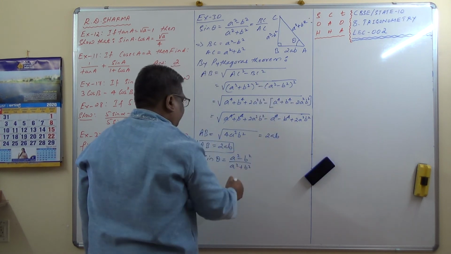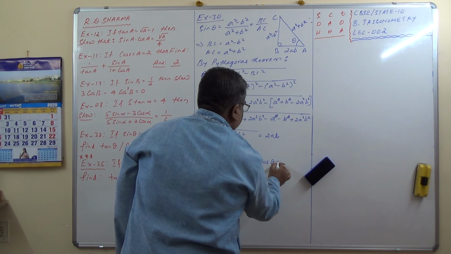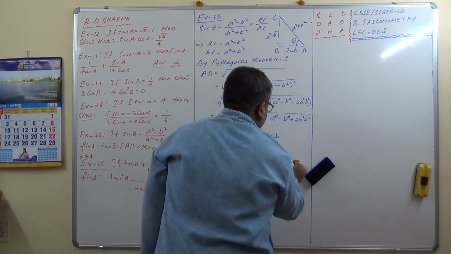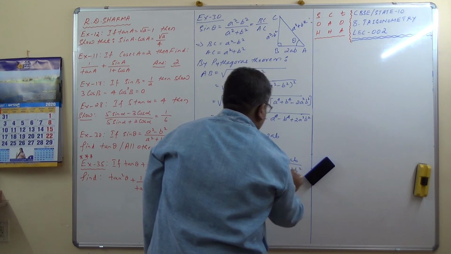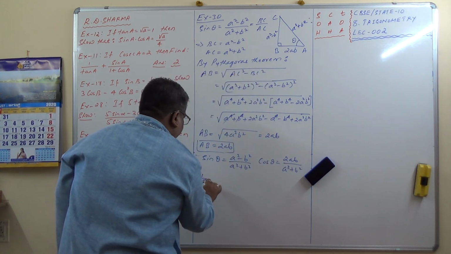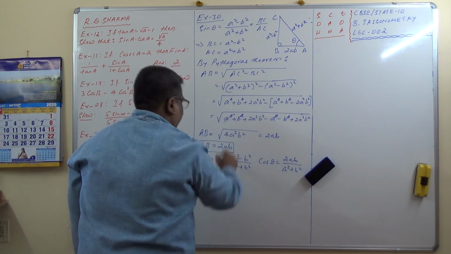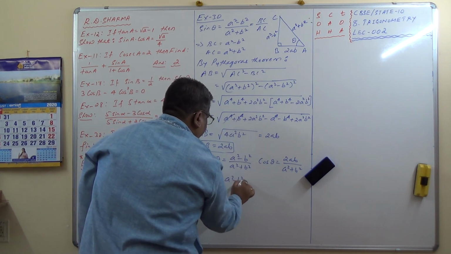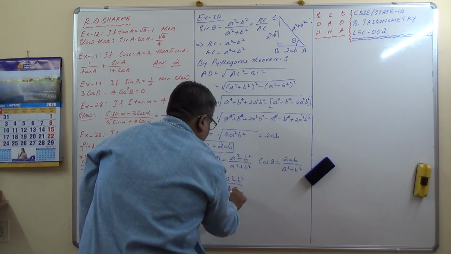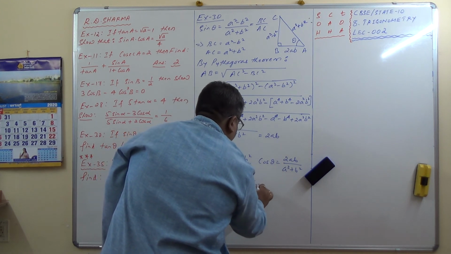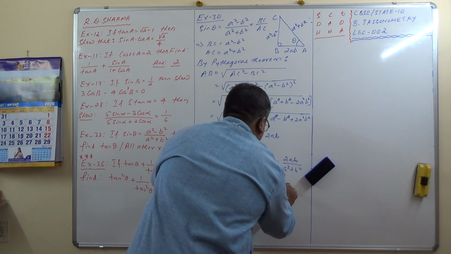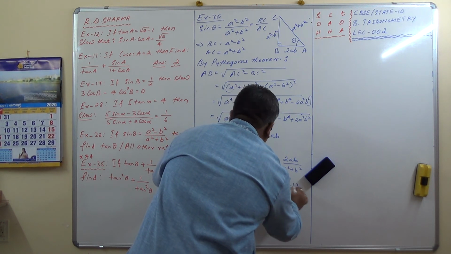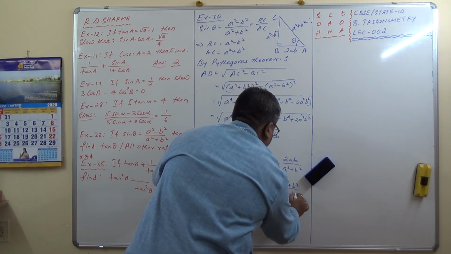This is given. Cos theta equals 2ab divided by a square plus b square. Tan theta equals a square minus b square, the whole divided by 2ab, and cosec theta, the reciprocal of sine, equals a square plus b square divided by a square minus b square.